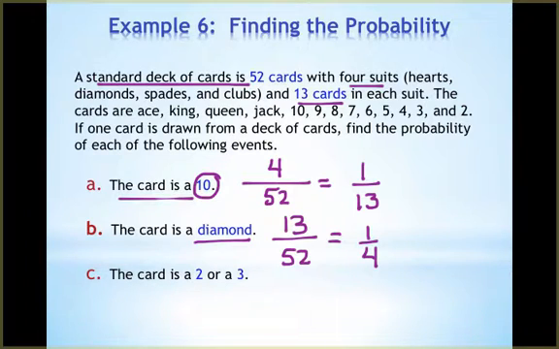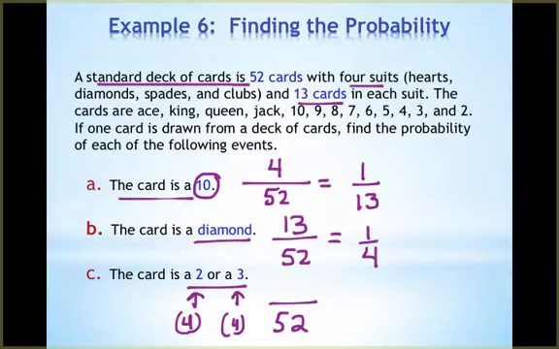And for C part, what's the probability that our card is a 2 or a 3? So again, this is going to be 52 as our total number of outcomes. A 2 or a 3, well, we've got a 2 in all 4 suits and a 3 in all 4 suits. So there's going to be a total of 4 2s and 4 3s, which means there's 8 out of 52 as our possible outcomes.